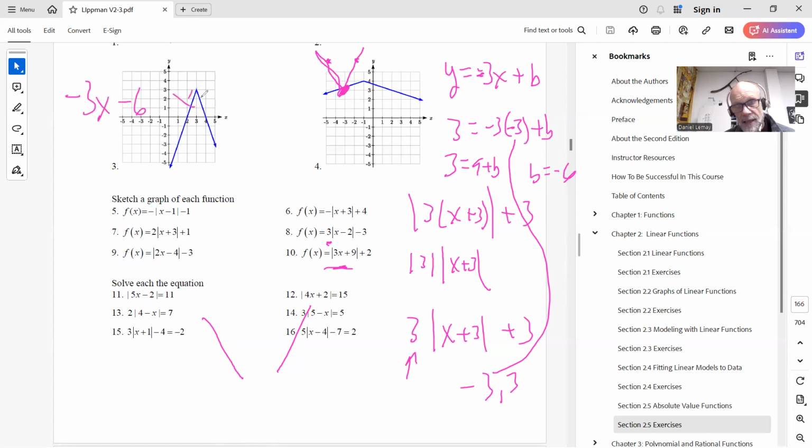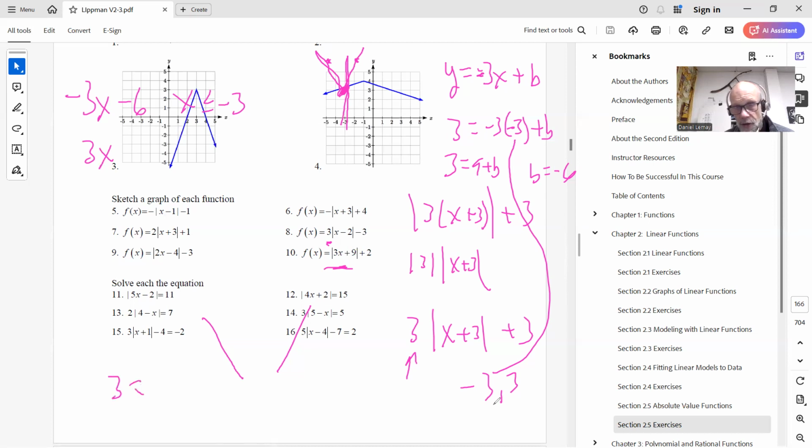Let's say x is less than or equal to -3, the x coordinate of that vertex. So to the left of -3, I'm going to use that line with the negative slope. On the right-hand side, I know it's going to be 3x plus something, and again, I can't see that on my graph.